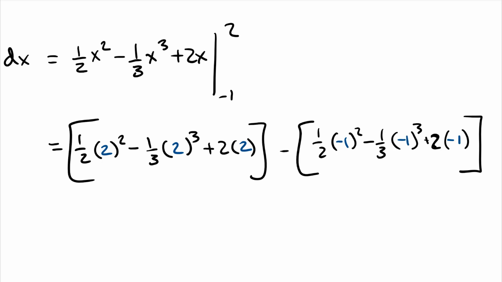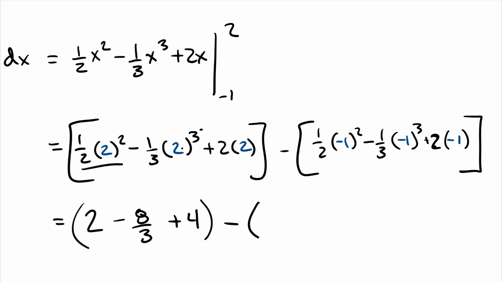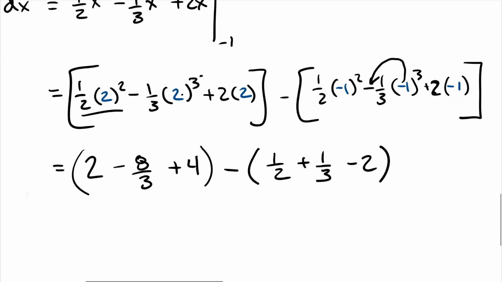And now we have to make certain that we can add and subtract fractions. So we have 4 divided by 2, that's 2. 2 to the third is 8, so we get minus 8/3 plus 4. Minus negative 1 all squared, that becomes positive 1, so we get a 1/2. Negative 1 all cubed is going to stay negative, so that'll create a positive. And then minus 2. Oh, geez. We're going to have to clean that up.